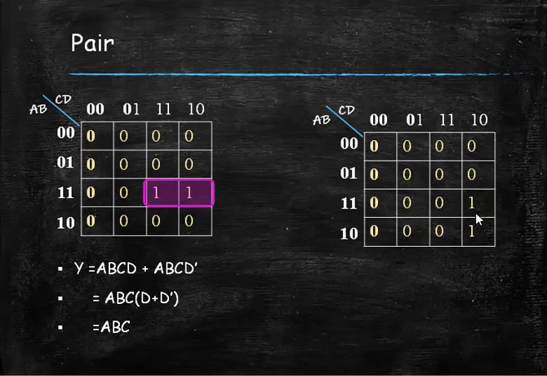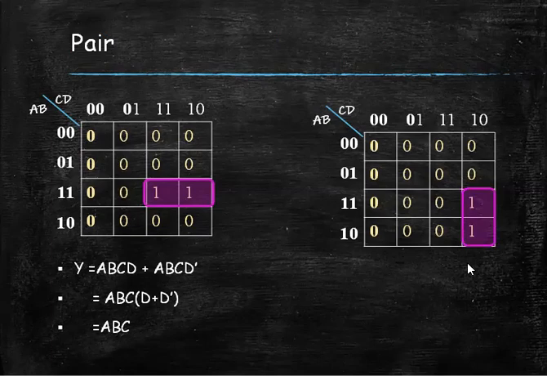For this one, the product is 1 1 1 0, that means A B C D bar. And for this one, it must be A B bar C D bar. We take these two ones as a pair.